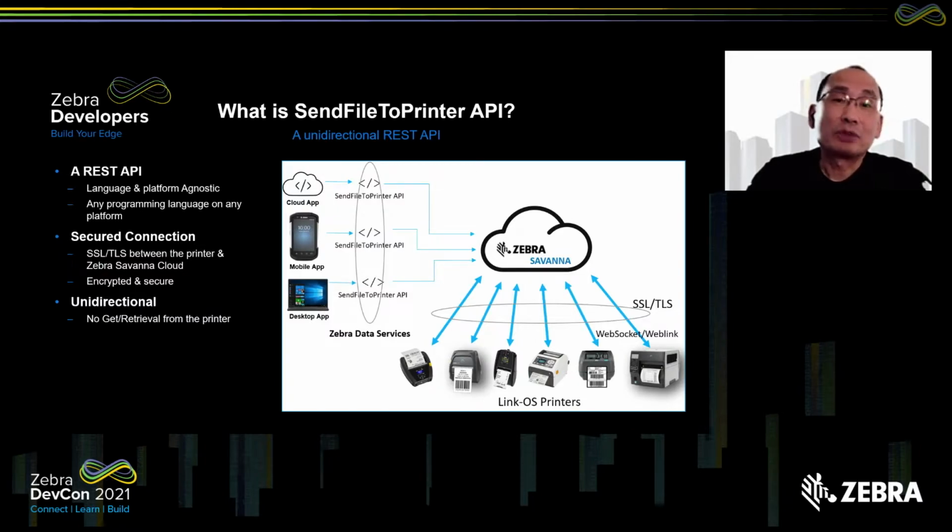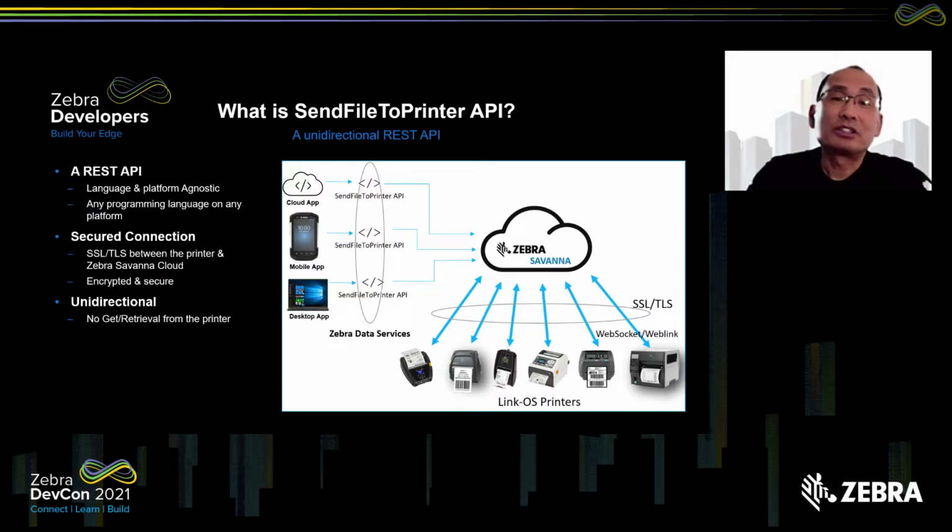The advantage of a RESTful API is that it is language agnostic, so you can use this API in any programming language. Also, because it's cloud-based, you can call this API from anywhere to any printer connected to the Zebra Savannah cloud.